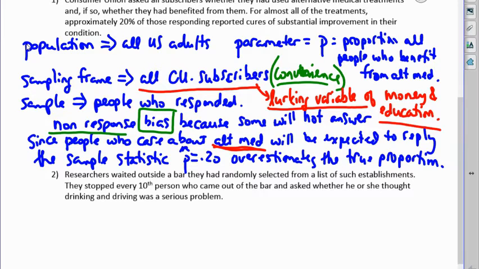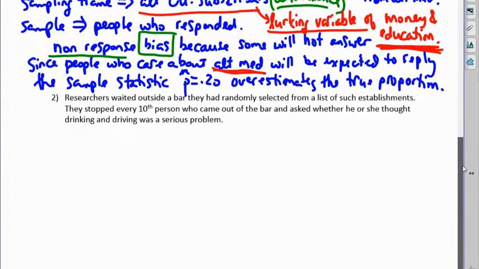And then being educated, maybe being more educated means that you know more about medical things, maybe less so than the money, but maybe having more education also has a positive association with having more alternative medical treatments. So watch for the lurking variable. Make sure you say how they correspond.